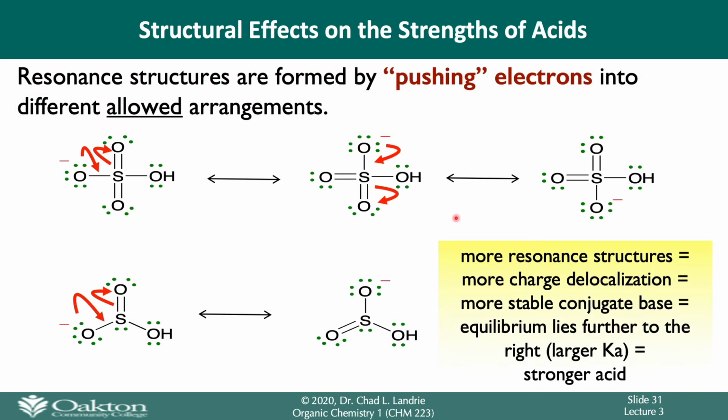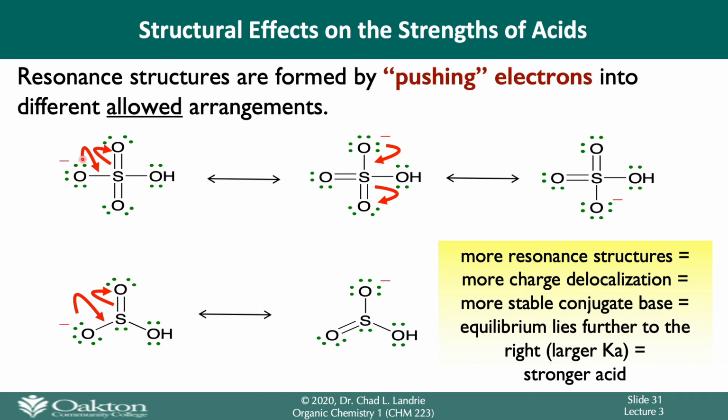If we draw the Lewis structures of sulfuric acid and sulfurous acid, we see that this is true. So the conjugate base of sulfuric acid is at the top. Notice that we've lost one hydrogen from one of its oxygens. And I can draw 3 obvious resonance structures to delocalize that negative charge. Right?